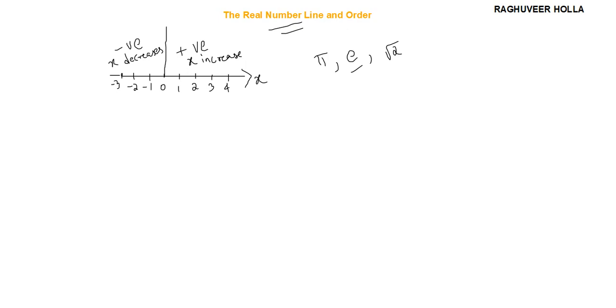Let us look into the order and the interval of the real number line. Now if I again consider a real line, let me draw that for you. One important property of the real numbers is that they are ordered. So what do you mean by order?